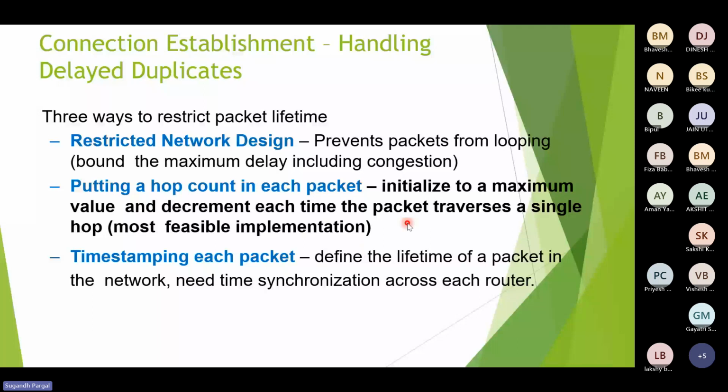For example, if we set the hop count to 7, then at the next node it becomes 6, then 5, then 4, and whenever it reaches 0, the packet gets dropped if it has not reached the destination. But if it reaches the destination before the hop count reaches 0, the packet is received. And the third way is to timestamp each packet, that is, define the lifetime of a packet in the network, which needs time synchronization across each router.